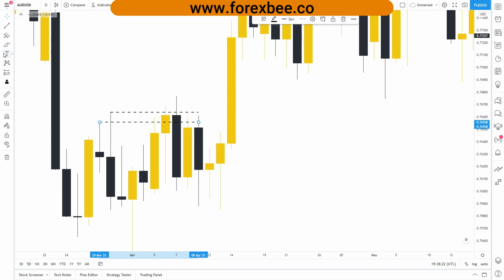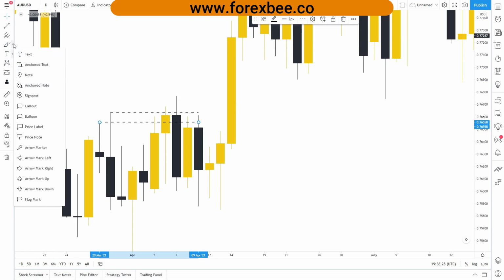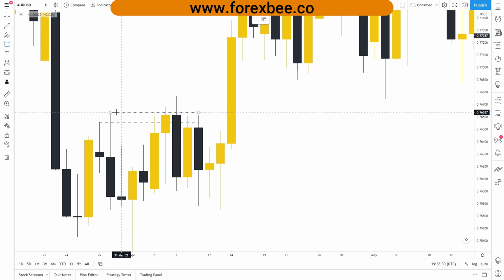After that, let me color the areas to increase the visibility. So let me go to the rectangle tool and draw a rectangle here. This zone is basically our resistance zone.